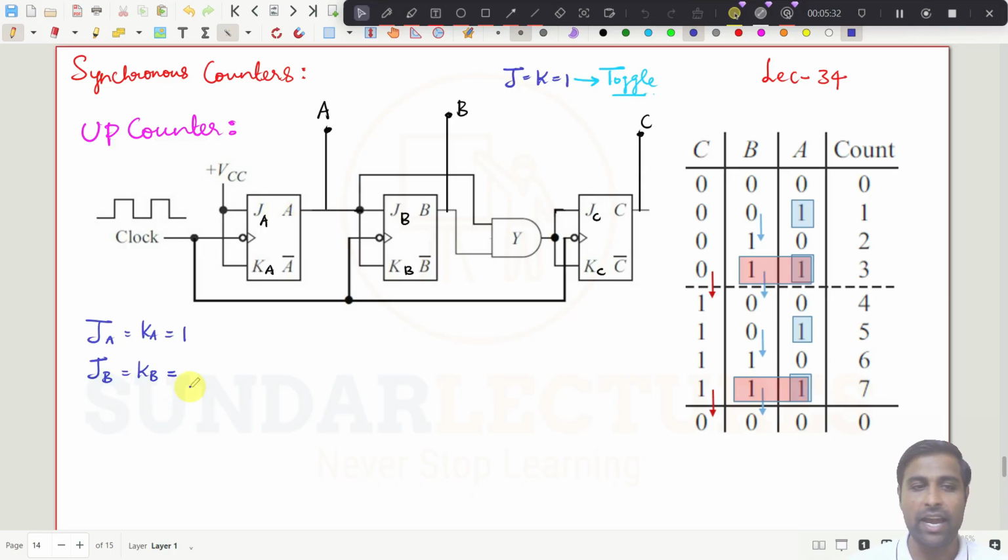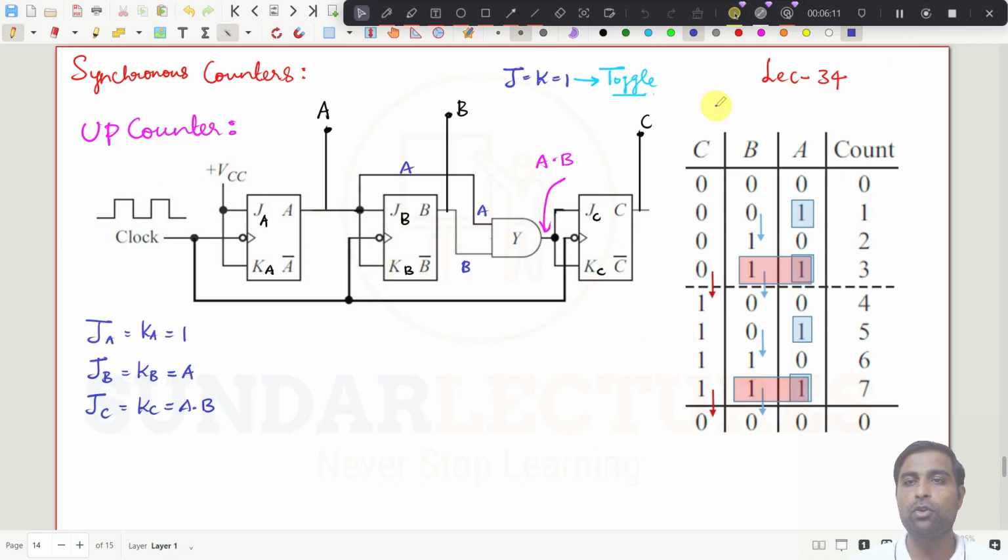Output of A. And for JC, which is equal to KC, see here, one input I am getting from here, which is A, and this input is B. So the input to JC and KC is actually A dot B. These are the 3 equations you should understand before entering into the working principle of this up counter.